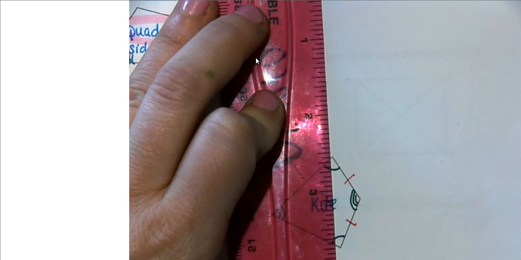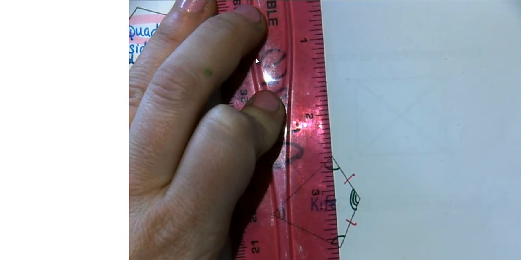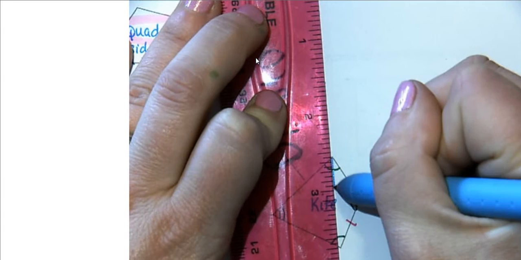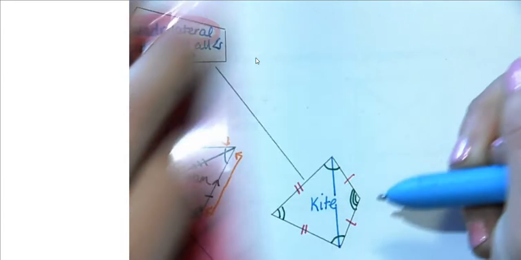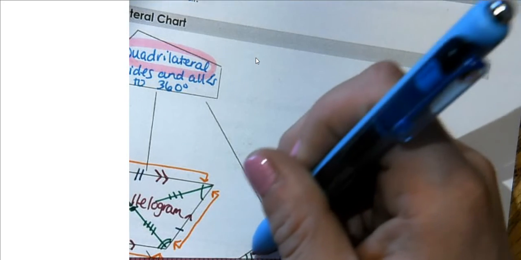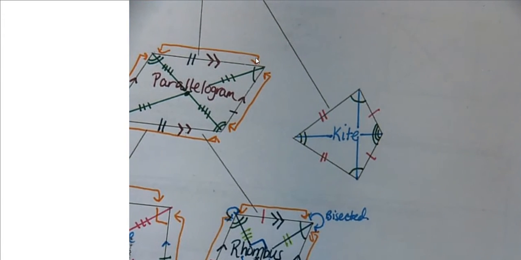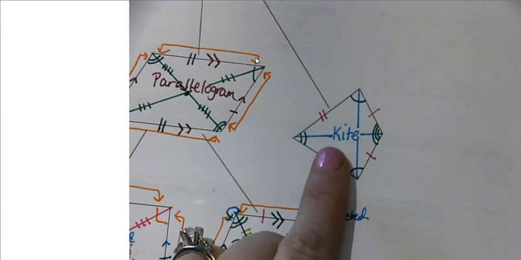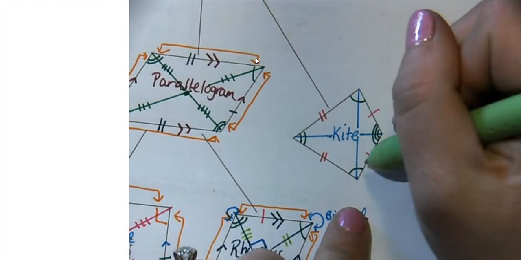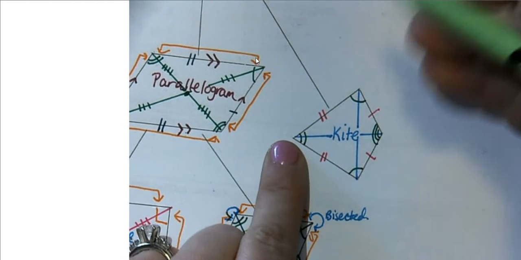Let's go ahead and mark up the diagonals. The diagonals are not going to be congruent to each other. They do not bisect each other, but the long diagonal does bisect the short diagonal.